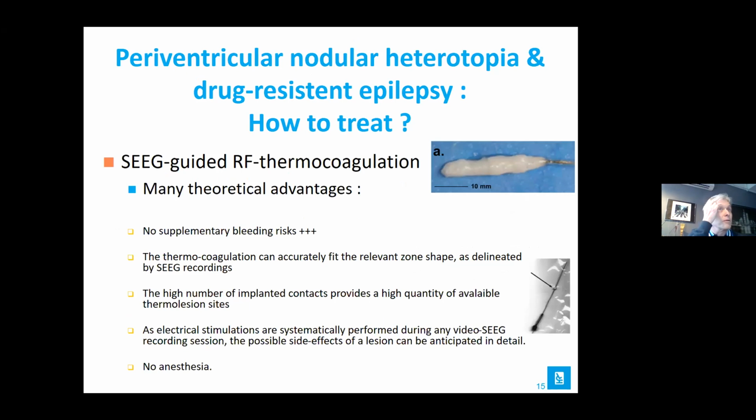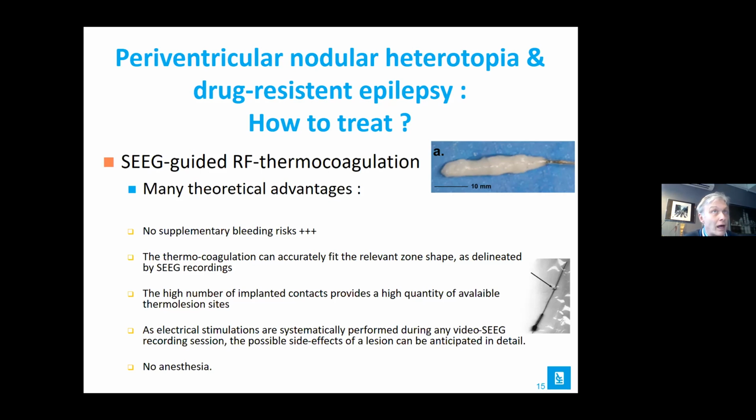A second therapeutic option is, of course, represented by the SEEG-guided radiofrequency thermocoagulation, also termed thermo-SEEG. It is shorter to spell. I do recall that it consists in taking profit of the implanted electrodes to perform by means of them coagulation of the epileptogenic foci and networks of the patients.